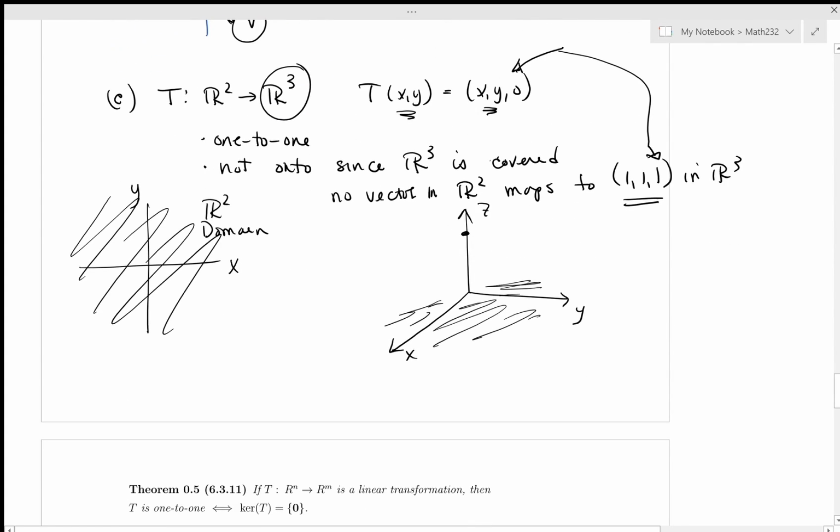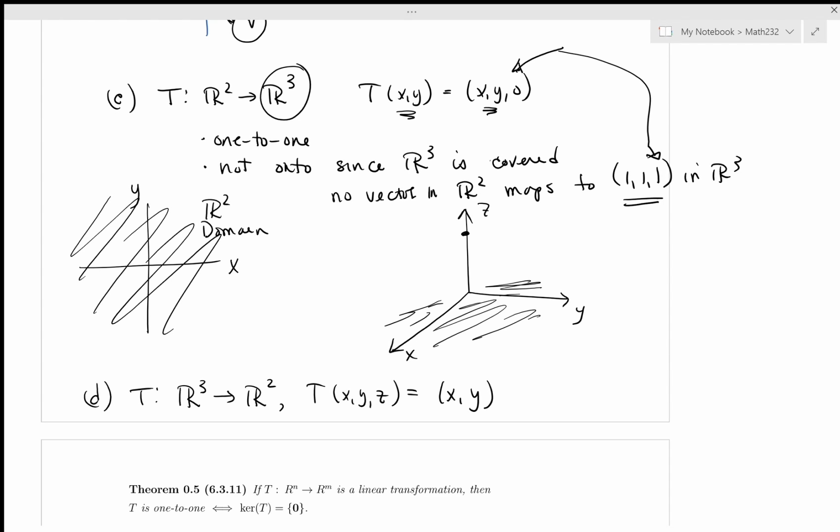And let's take a look at the final example. It's a transformation that is mapping from a domain of R3 to a codomain of R2, and the transformation looks like this. We are taking all of R3, throwing out the Z component, and just providing the XY plane.